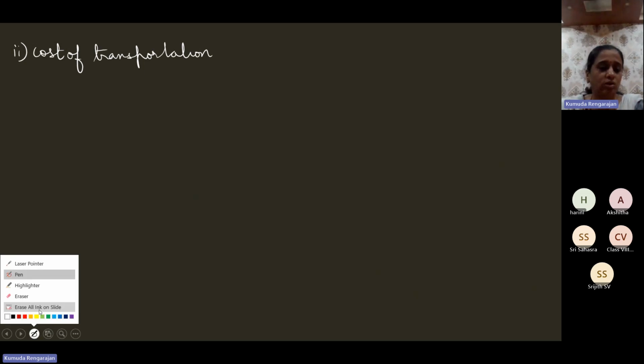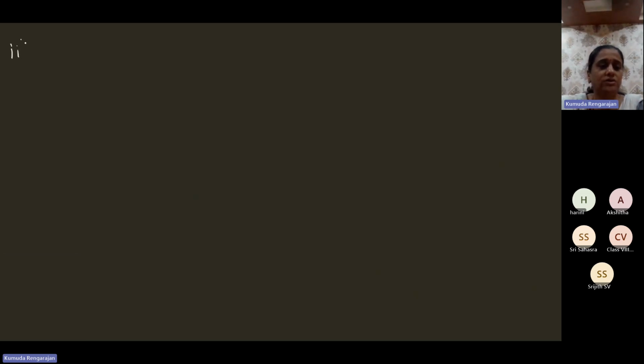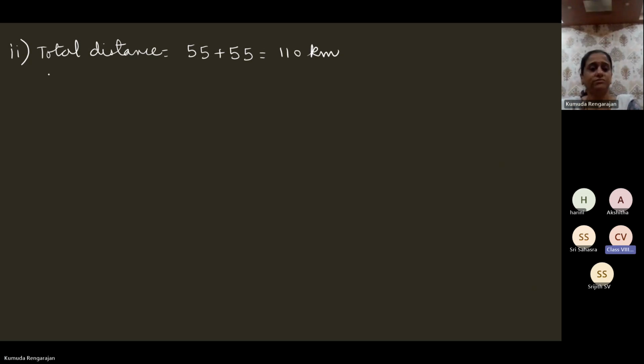Let me write the total distance first. Total distance is equal to 55 plus 55. Why, children? Why 55 plus 55? Ma'am, because going to the picnic spot, it is 55 kilometers and coming back, it's 55 kilometers. So 55 plus 55. Correct.